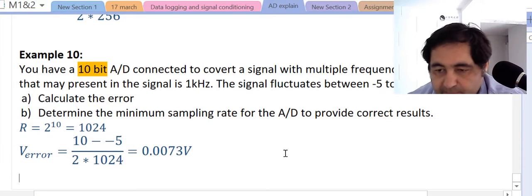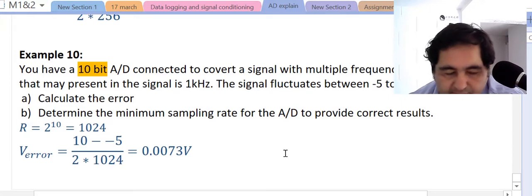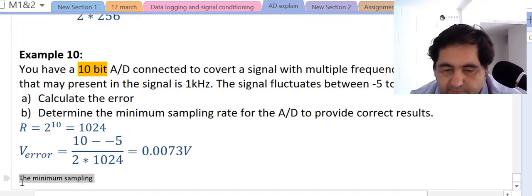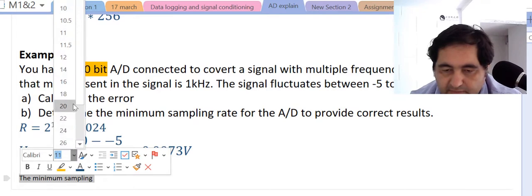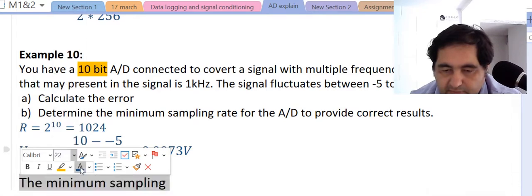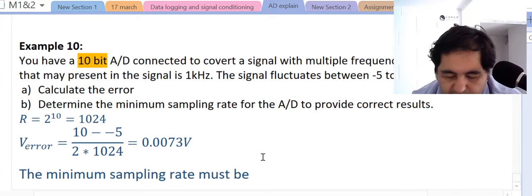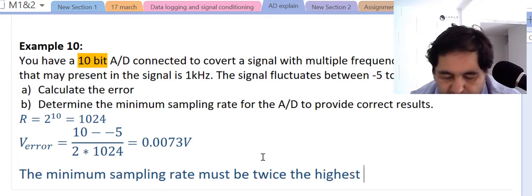So we say that the minimum sampling rate must be twice the highest frequency.